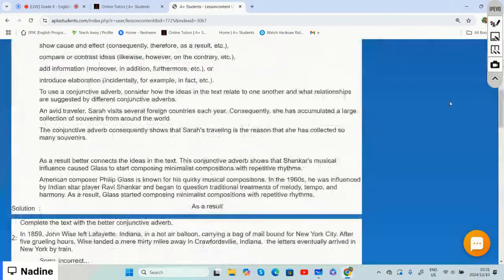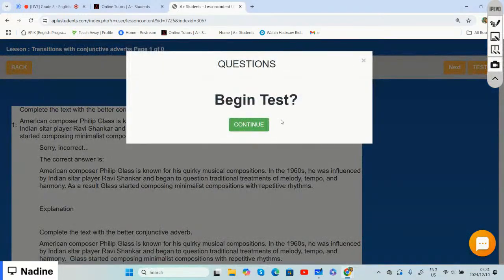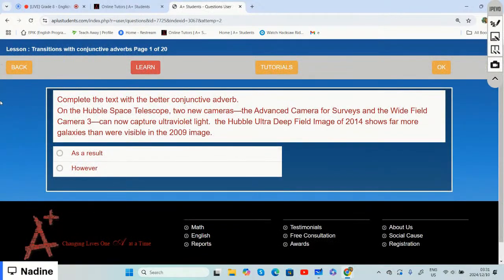All right. Let us go to our test. We are going to choose transitions with conjunctive adverbs. We need to complete the text with a better conjunctive adverb.